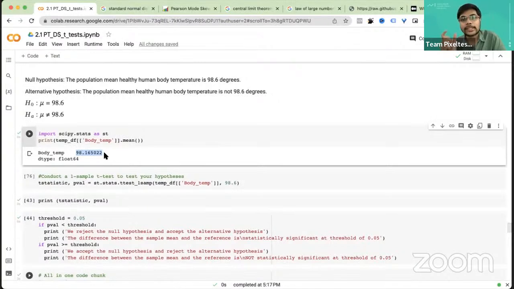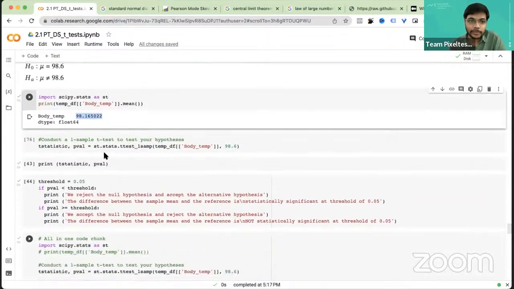But if we consider the significance level to be the same 5%, we'll have to know if the p-value for this is less than 5%. If it is less than 5%, we'll reject the initial hypothesis that the mean is 98.6, right?